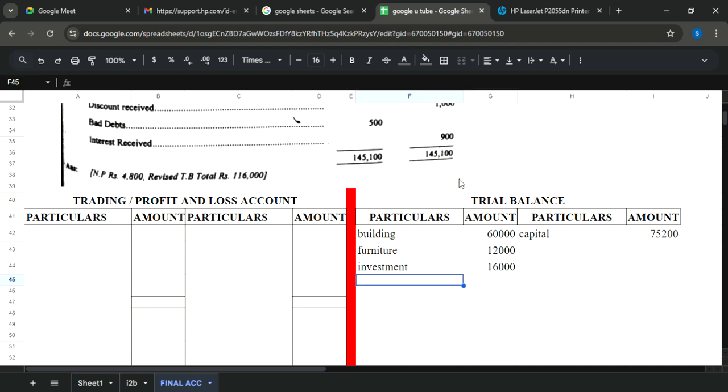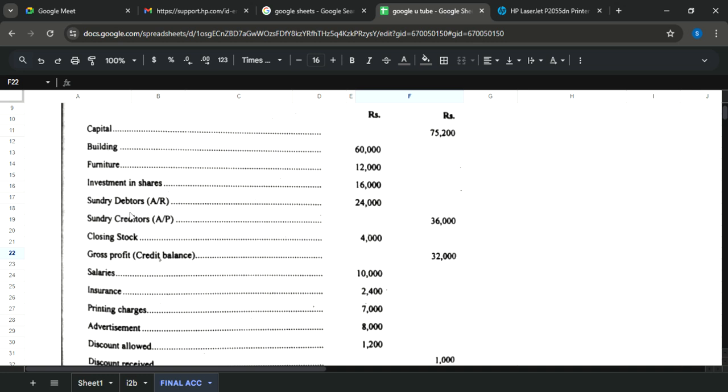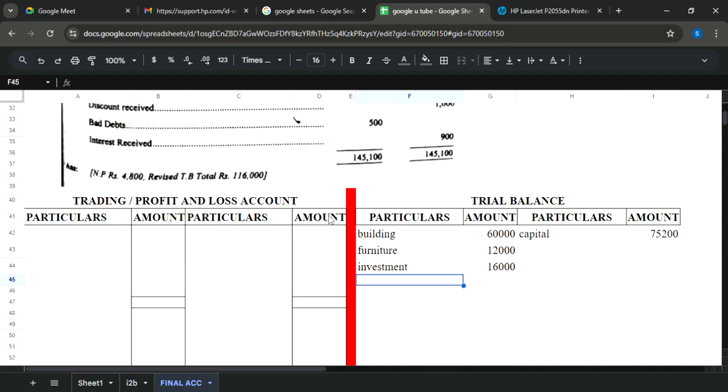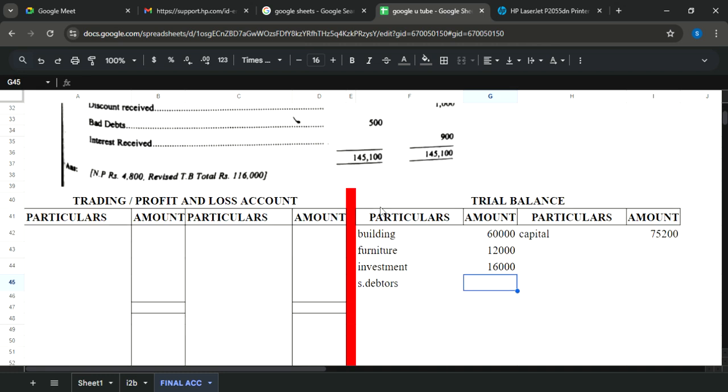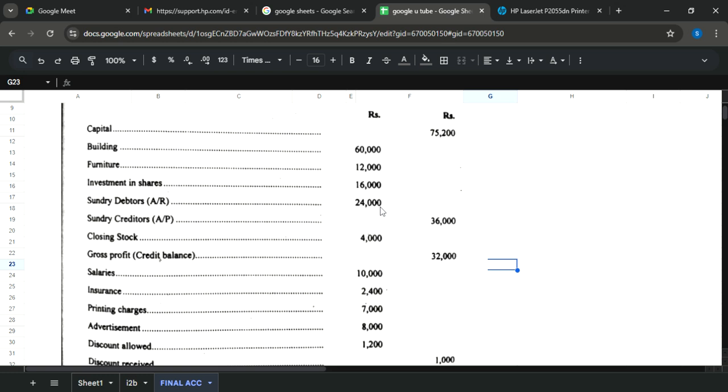After investment we have sundry debtors. Sundry debtors again are an asset, not part of the profit loss account, written on the debit side. So here you will write sundry debtors. The amount is 24,000. Put 24,000 over here.